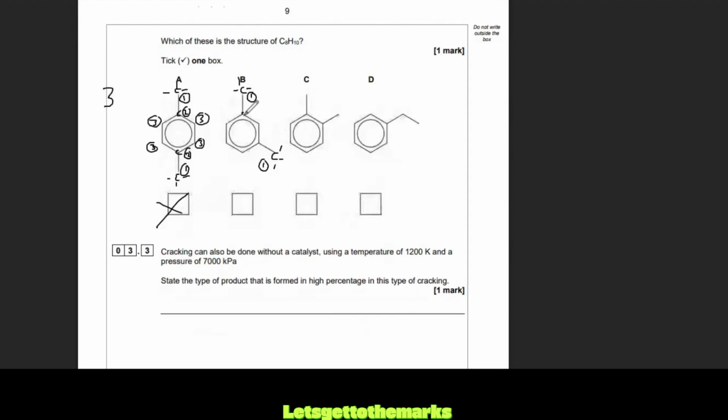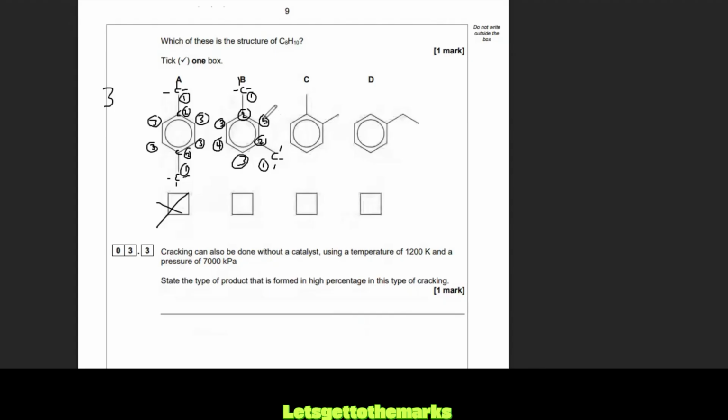And that means that this carbon here is also going to be identical for both of these. So that's 2 unique environments so far. That's going to be number 3 for them, and that's going to be number 3 for them. Now, is this group the same as that? No, this group is totally on its own, and that is going to be another unique group.